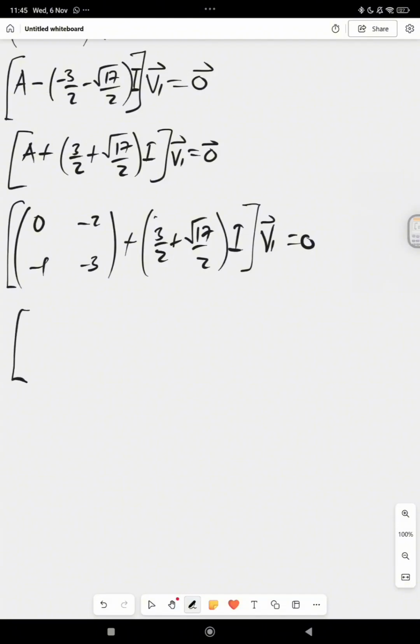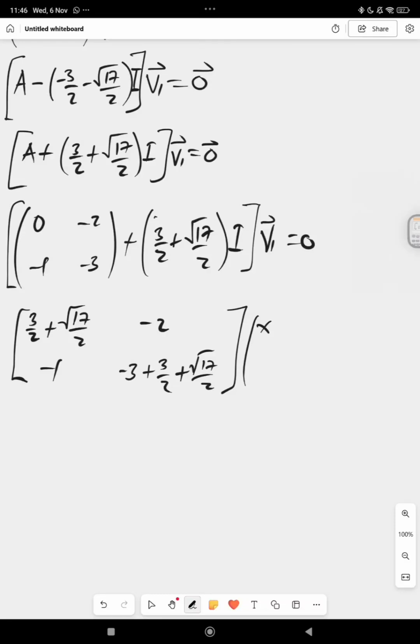This is going to be 3 over 2 plus the square root of 17 over 2, minus 2, minus 1, and minus 3 plus 3 over 2 plus the square root of 17 over 2, multiplied by your vector, given by x and y, the components of the vector, equal to 0, 0.